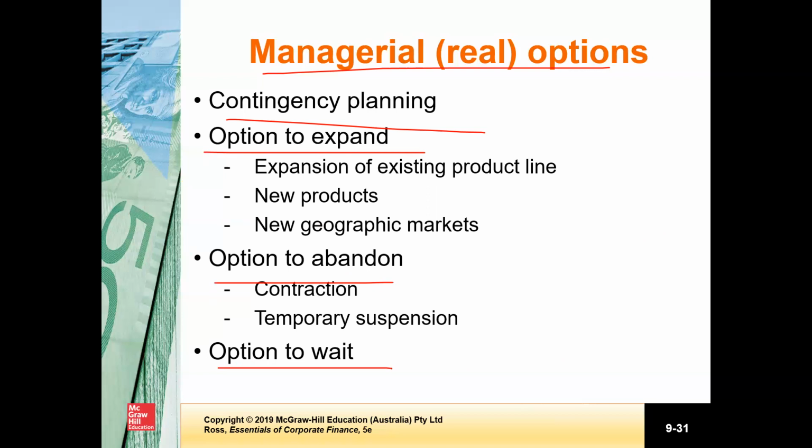Option to expand. One particularly important option we have not explicitly addressed is the option to expand. If we truly find a positive NPV project, then there is an obvious consideration: can we expand the project or repeat it to get an even larger NPV? Our static analysis implicitly assumes the scale of the project is fixed, as I mentioned previously.